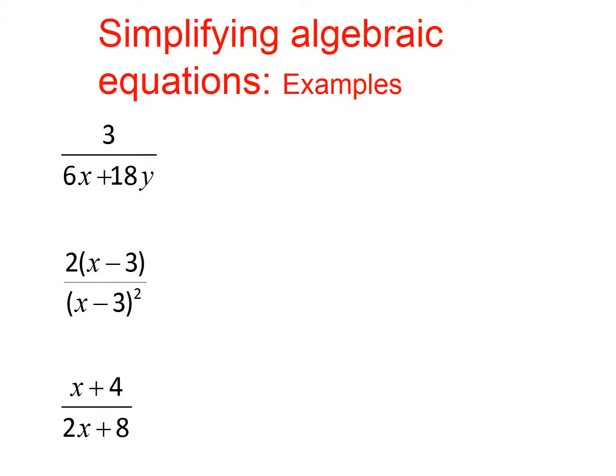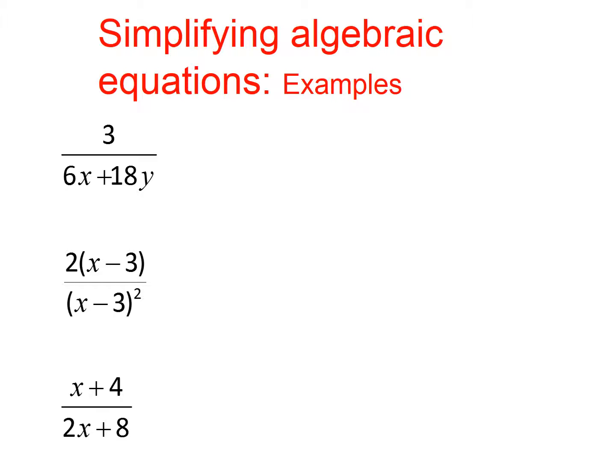Now if we just look at the bottom part and think, actually, can I write that as x plus 4 times something? If I multiply this out, 2 times this part of it, and then 2 times that part of it, so 2 times x is 2x, plus 2 times 4, which is 8.